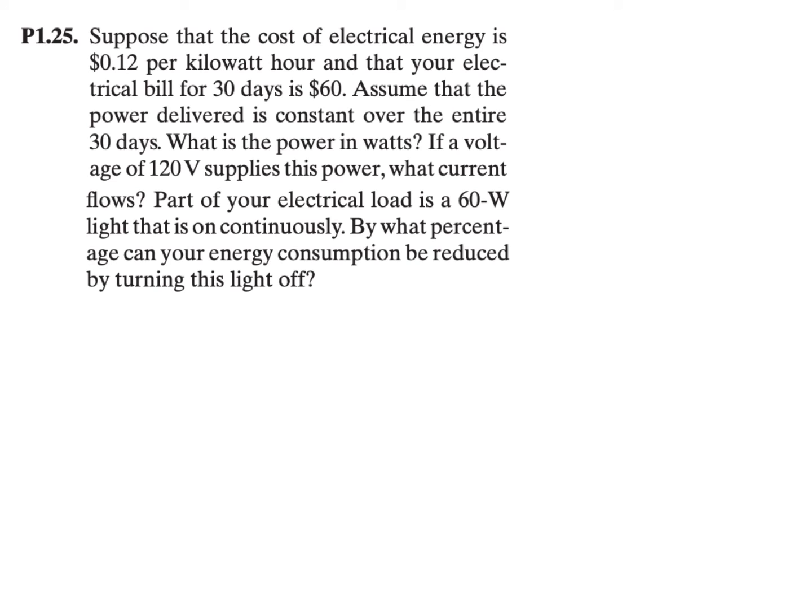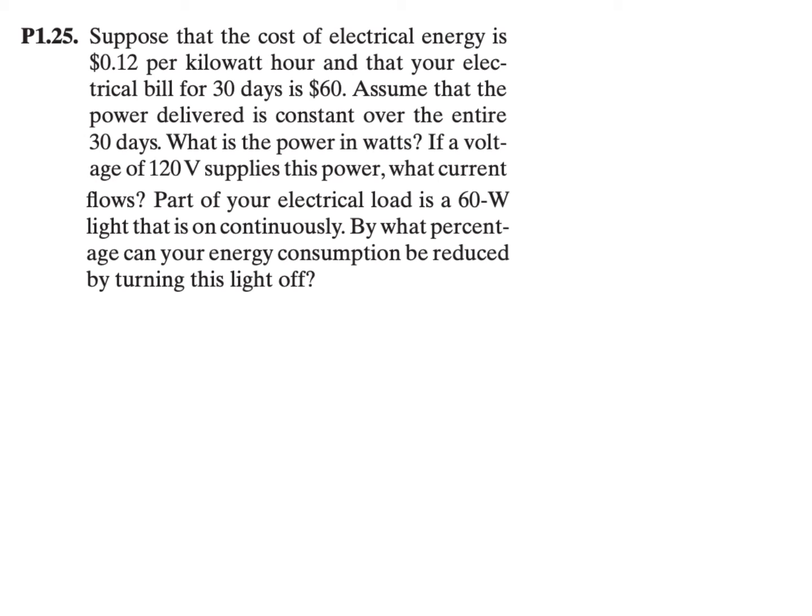Question P1.25. Suppose that the cost of electrical energy is $0.12 per kilowatt hour and that your electrical bill for 30 days is $60. Assume that the power delivered is constant over the entire 30 days.